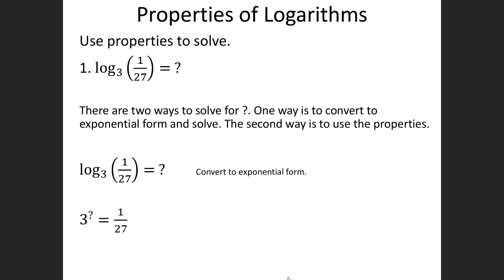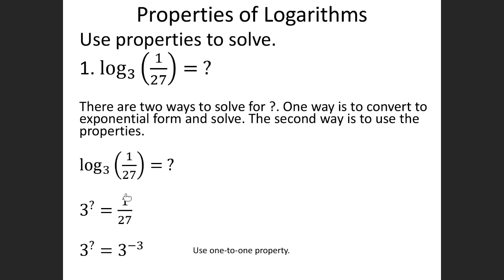So if I convert it into an exponent, I have a log of base 3, I can have an exponent of base 3. I don't know what the answer is, and this represents my input, is equal to 1 over 27.